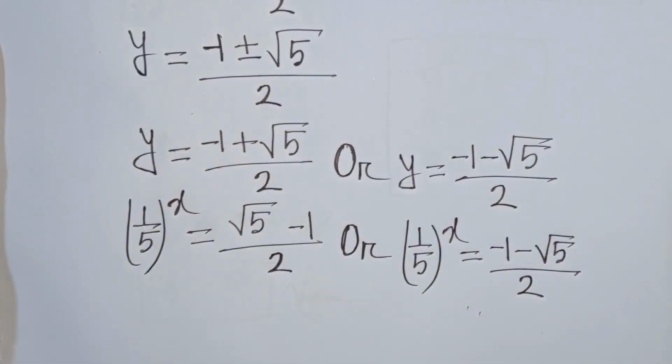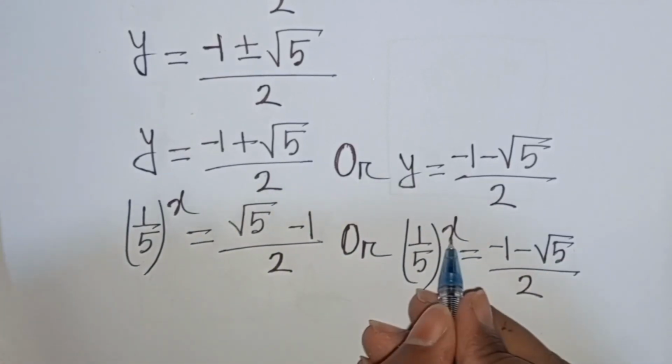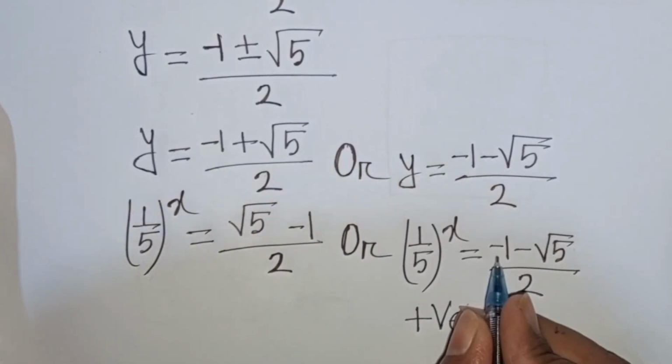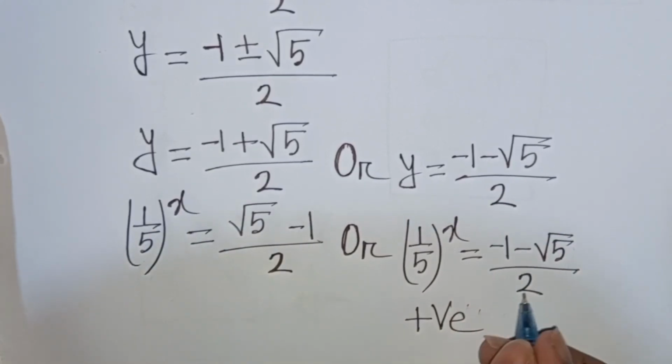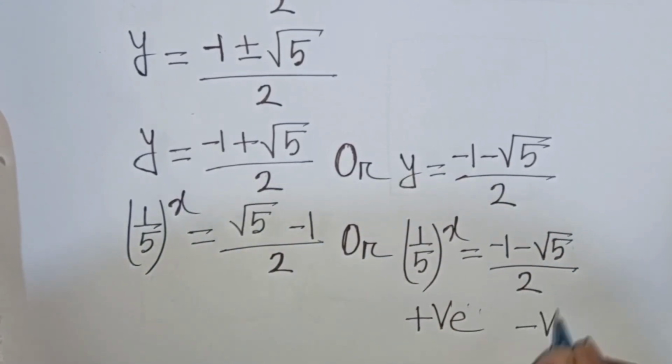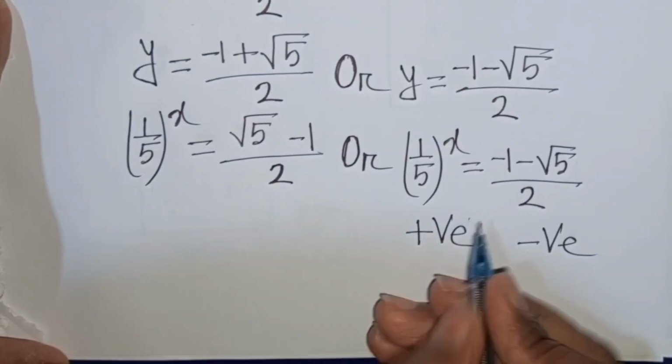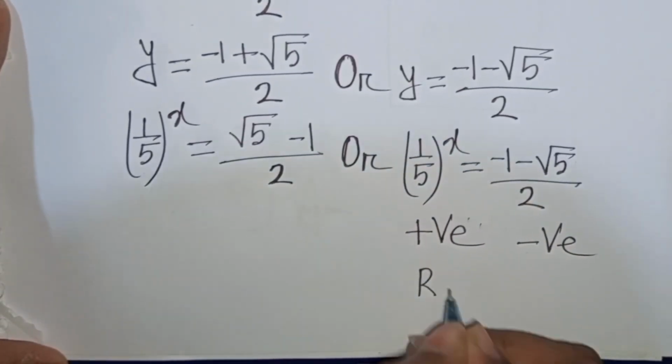Now we see 1 by 5 bracket power any number is always positive, but minus 1 minus a square root of 5 divided by 2, this must be negative. So positive cannot be equal to negative, so this is rejected.